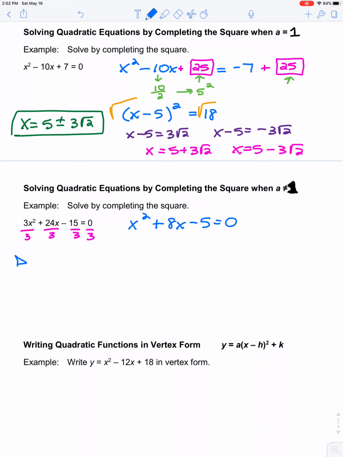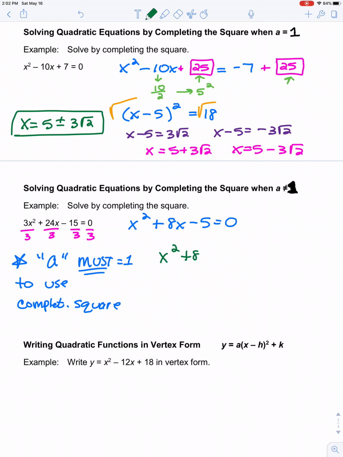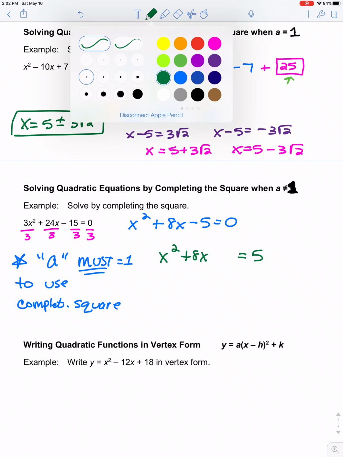Now, because this was the super most important thing, a must equal 1 to use completing the square. Okay, so now you can move on and start completing the square. x squared plus 8x, leave a space, bring the 5 to the other side by adding 5, leave a space.